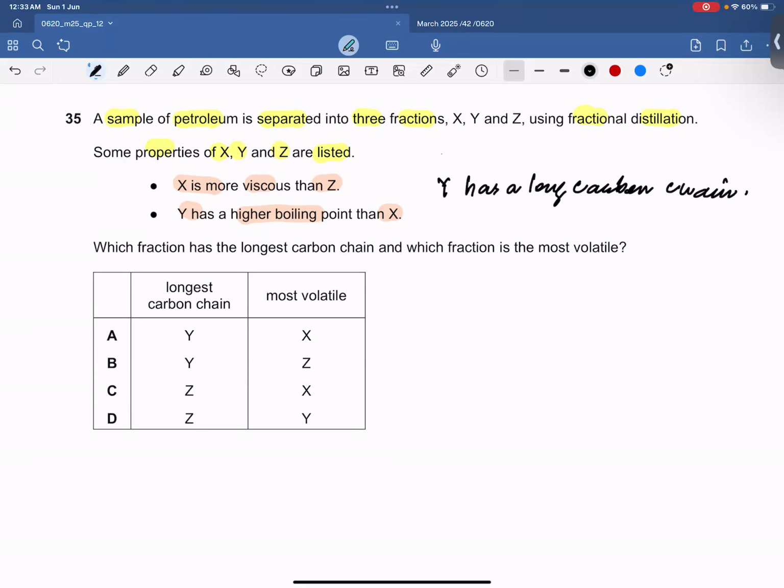So Y has a long carbon chain. And the next statement is most volatile.